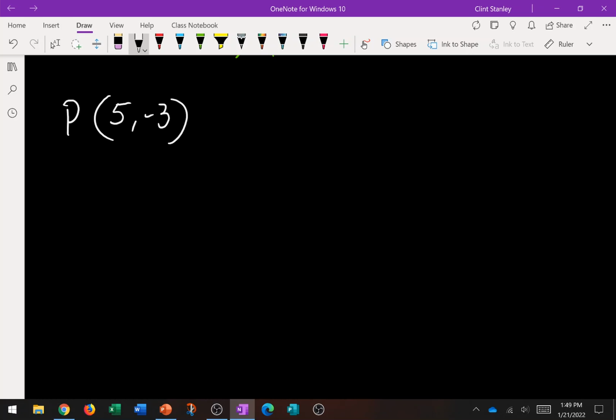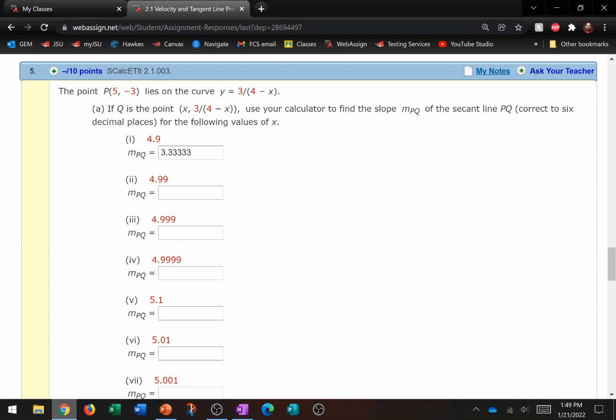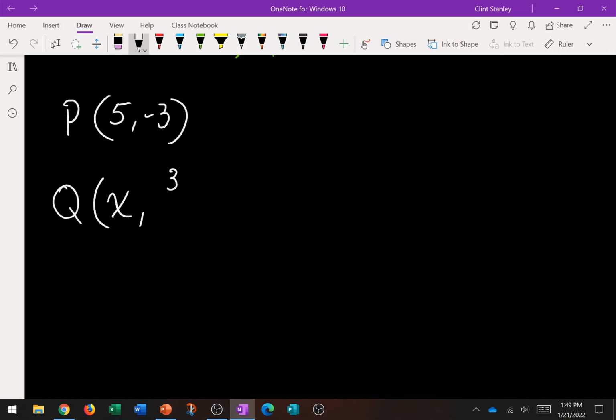Yeah, it's point P. And then Q is going to be x, comma, what was our function? 3/4 minus x. So we'll use both of those on each one of these little steps. The thing that changes on each one is x. And then we find the slope.